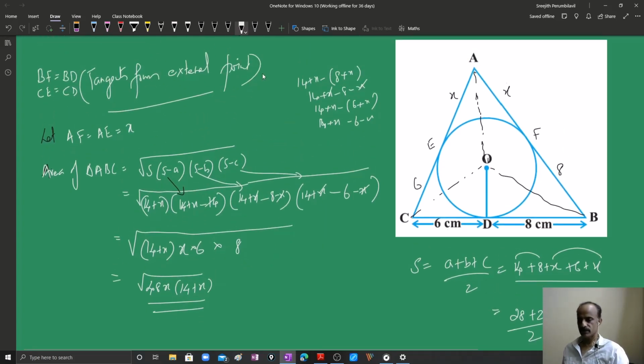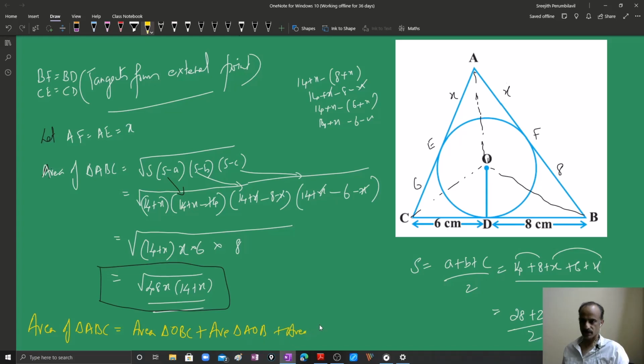But the area of this triangle can also be identified in a different way. The area of the triangle, I'm writing in another color. Area of triangle ABC can be written as the sum of the areas of 3 smaller triangles: area of triangle OBC plus area of triangle AOB plus area of triangle AOC.